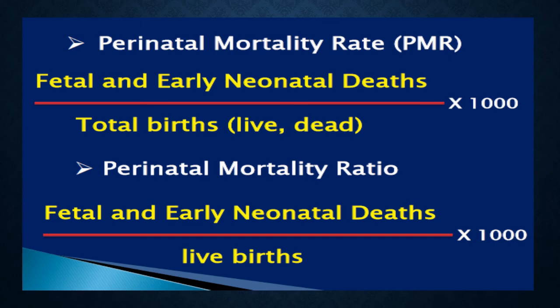The perinatal mortality rate is the number of fetal and early neonatal deaths divided by the total births, live and dead, multiplied by 1,000. While the perinatal mortality ratio has the same numerator, fetal and early neonatal deaths, but the denominator is live births only, discarding the dead, also multiplied by 1,000.